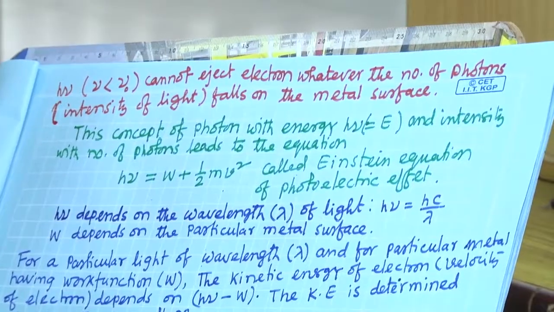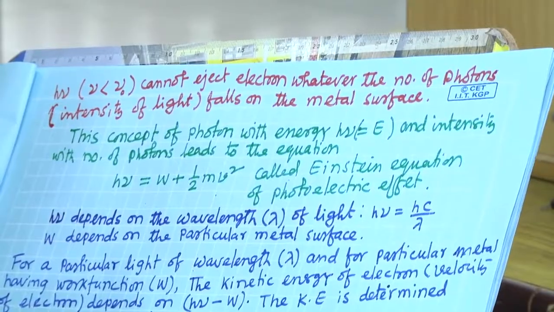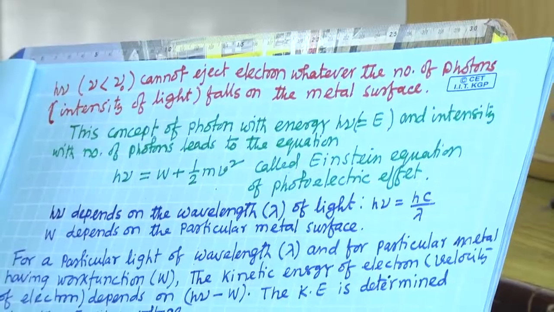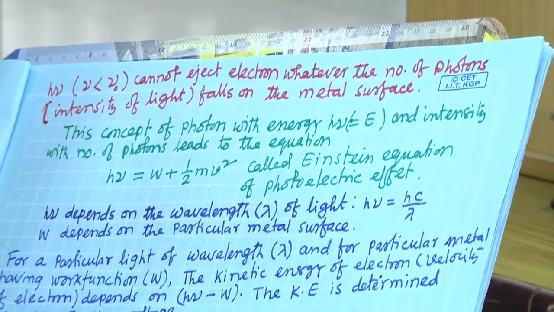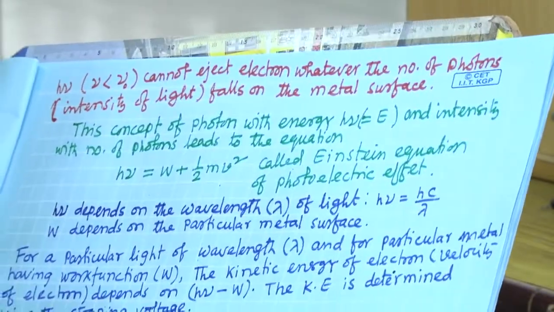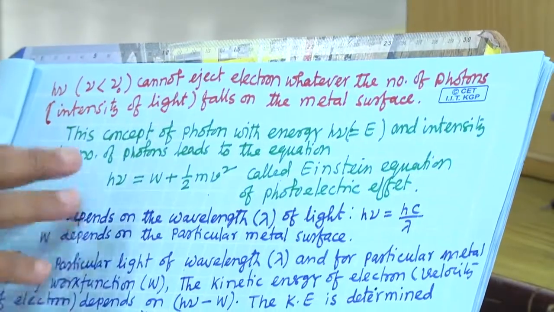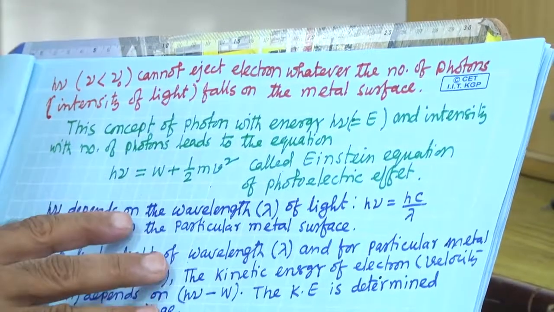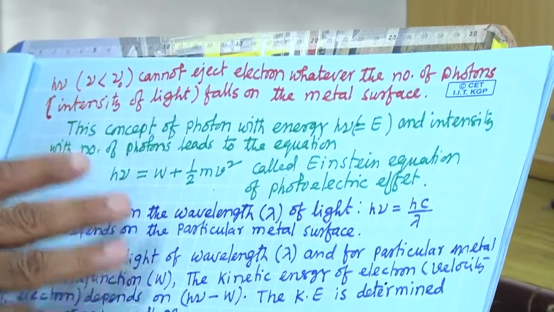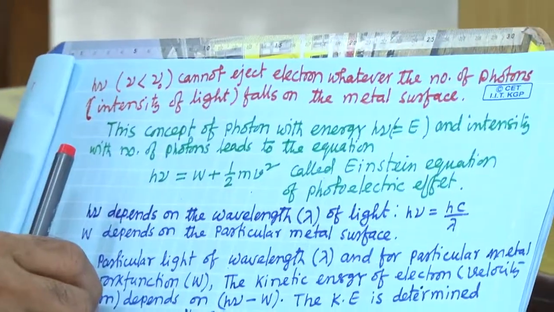These electrons basically absorb one photon. When they absorb this one photon, the electron gets energy h nu. If that energy h nu is less than the work function, it cannot come out. So it does not matter how many photons are falling on it. Since h nu is hc by lambda, whether the electron will come out from the surface or not depends on the wavelength of the light.